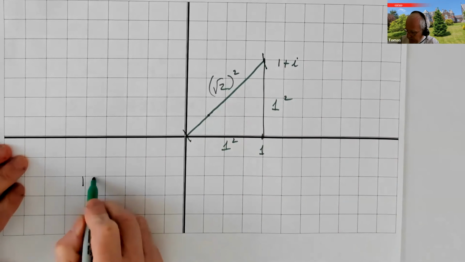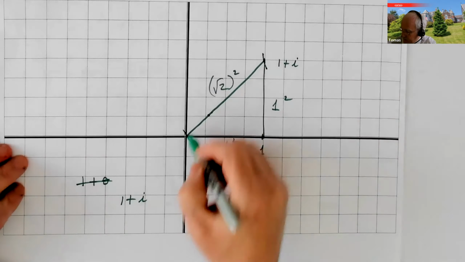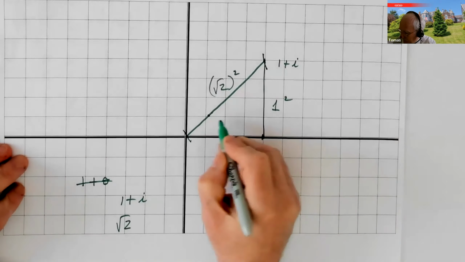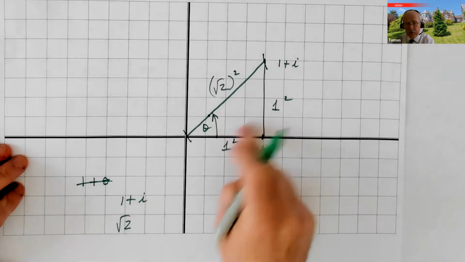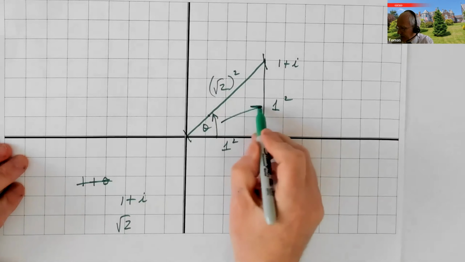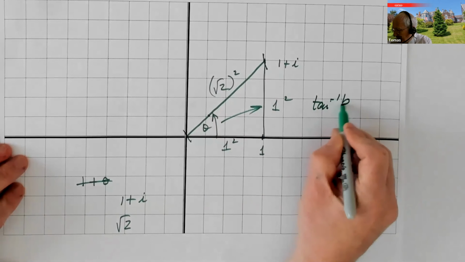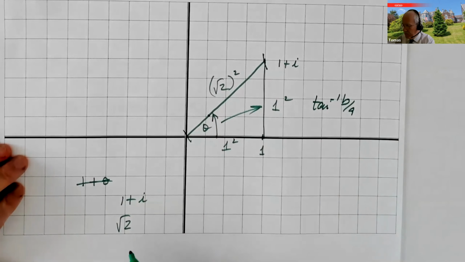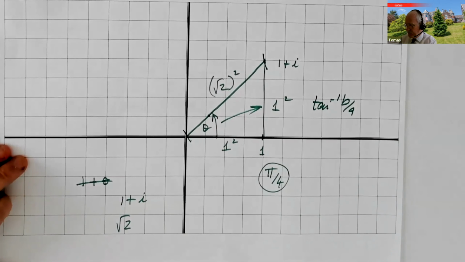So rather than writing that as 1 plus i, you're saying it's the square root of 2 by this angle here. Now, it happens to be 45 degrees, but we could work out what the angles were because it's the inverse tan of b over a. So it's 1 over 1. So it turns out to be pi over 4, 45 degrees.